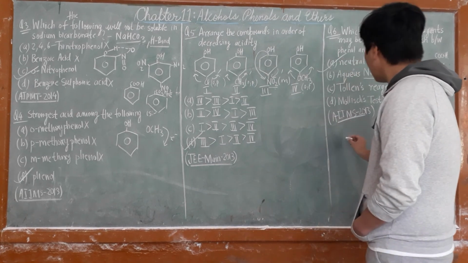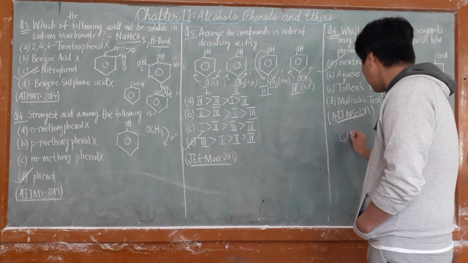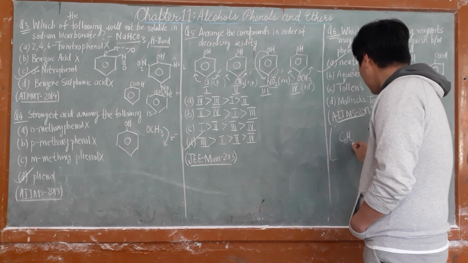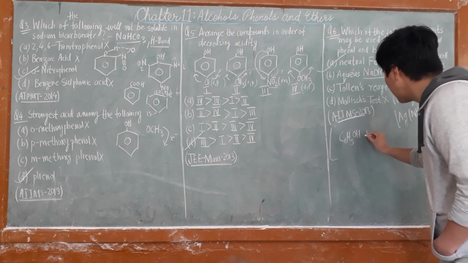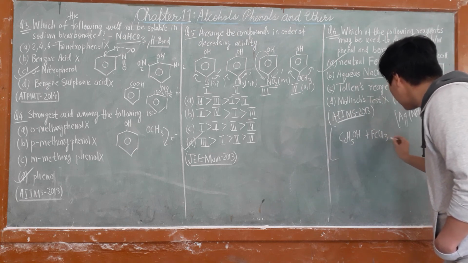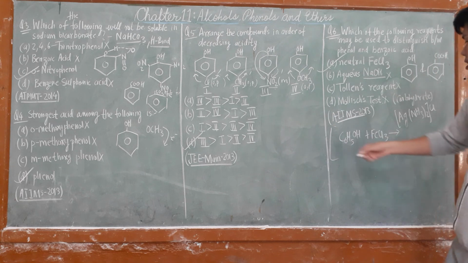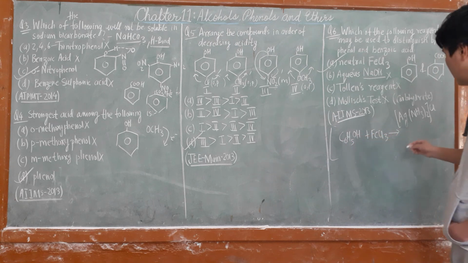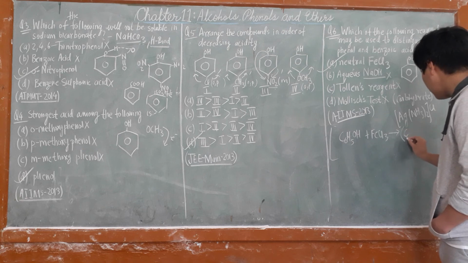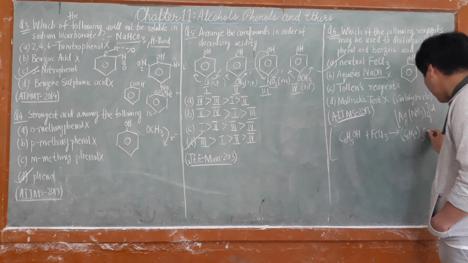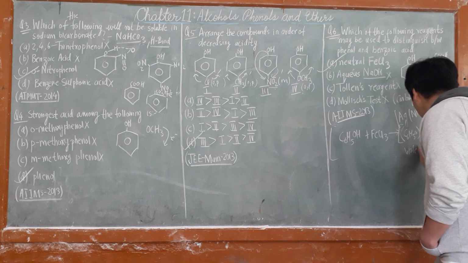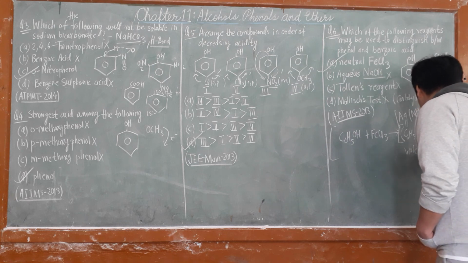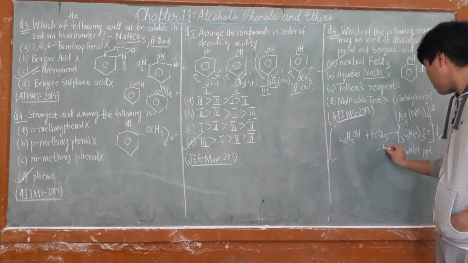When we react C6H5OH with FeCl3, you will get (C6H5O)3Fe, a coordination compound which is a violet bluish precipitate, along with release of HCl.